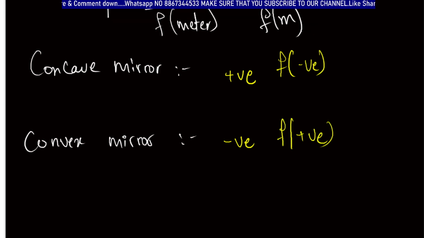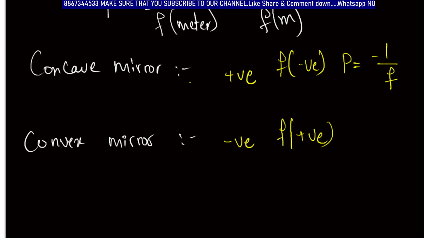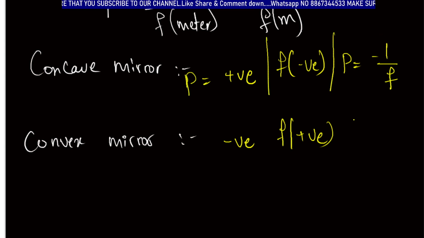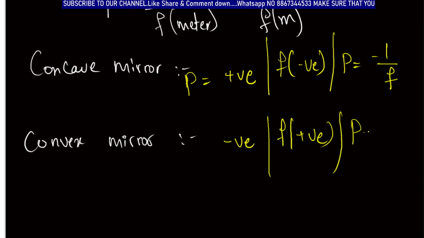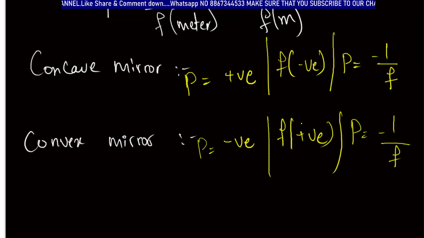By applying the formula P equals minus 1 divided by f, we say here P is always positive, and in case of convex mirror, P is always negative.